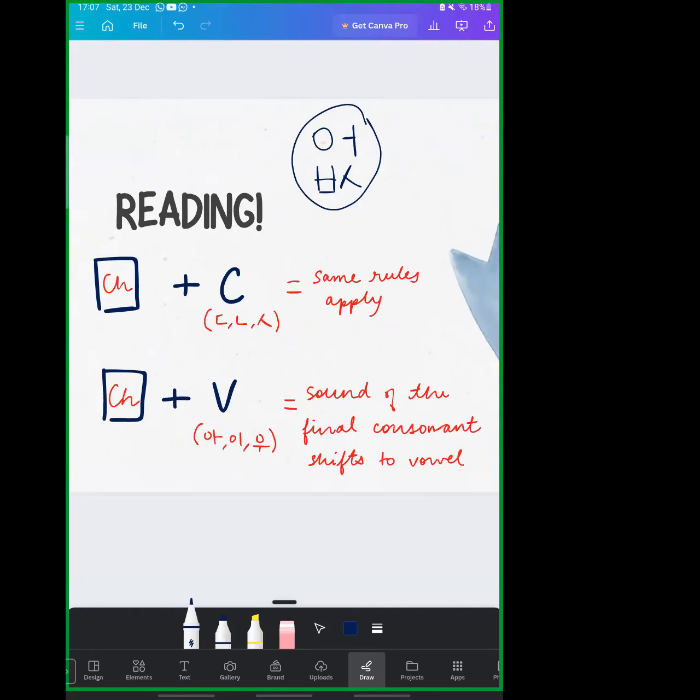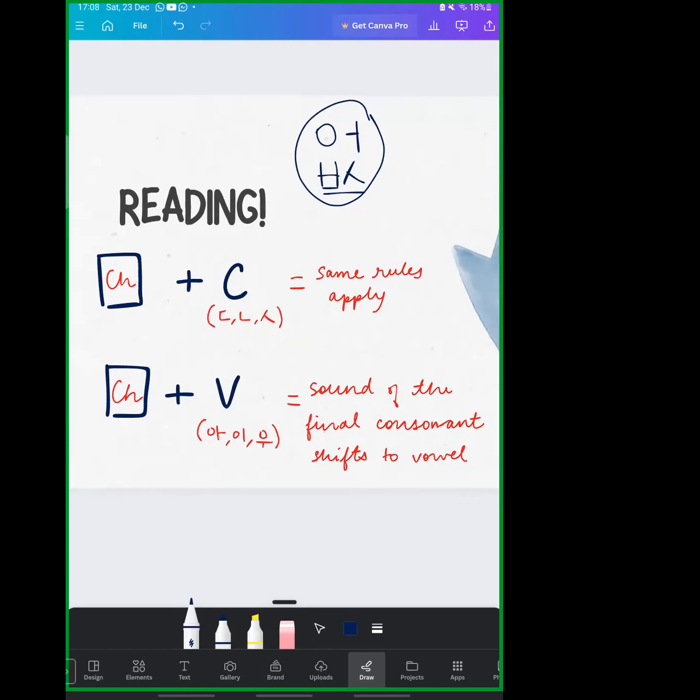Ma'am, is it mob? Yes, a bit louder. Ma'am, is it mob? So we know that the sound of the final consonant here is the B sound. Yes, the final sound here is B.